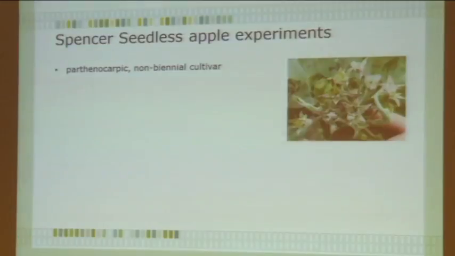It is a parthenocarpic fruit, meaning it doesn't set seeds, because you see here the flowers don't have petals. So it's petalless, and the bees are not attracted by the flowers and not pollinating the flower.